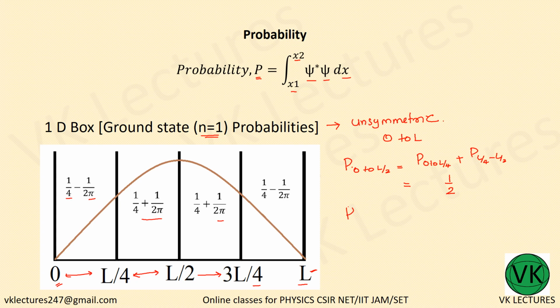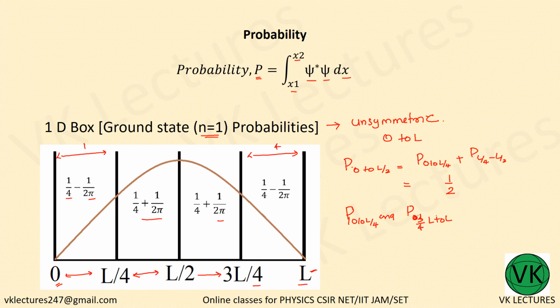Now you can also get questions like the sum of the probability from 0 to L by 4 and from 3 by 4 L to L. That means in this region as well as in this region, the first and the fourth region, what is the probability?